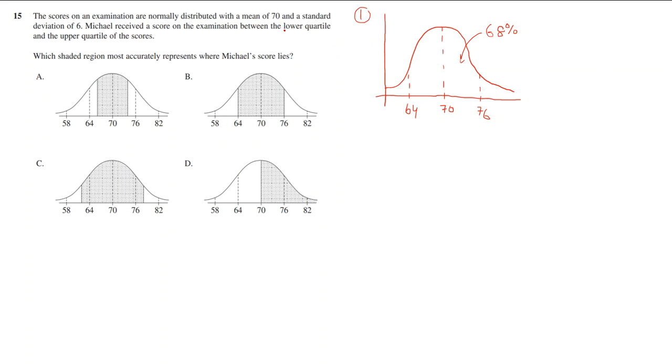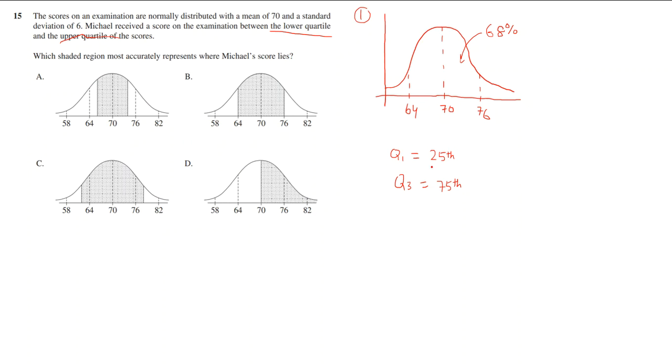The question also is telling you that the Michael score was between lower quartile and upper quartile. So you first need to know what is the lower quartile and upper quartile. So lower quartile, which is called Q1, is the 25th percentile. Upper quartile, which is Q3, is 75th percentile, right?